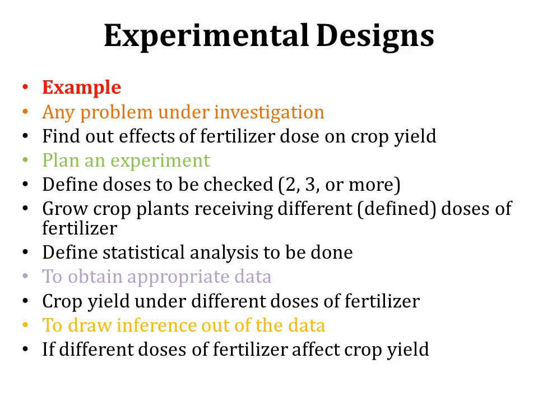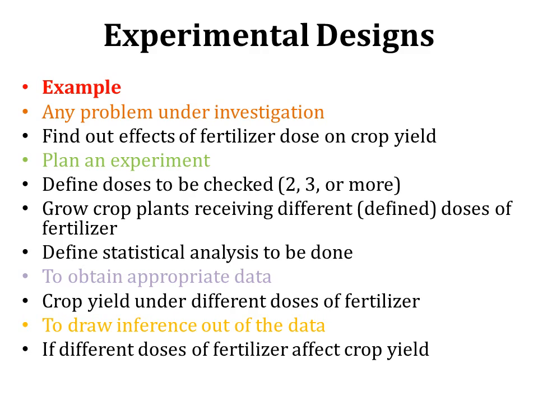And in the planning of your experiment, you're going to define the doses of fertilizers to be given to the crop plants, and then you grow the crop plants under different doses of fertilizers. So they're going to receive different treatments, different doses of the fertilizer, and you also define the statistical analysis that you want to perform on the data that you obtain.